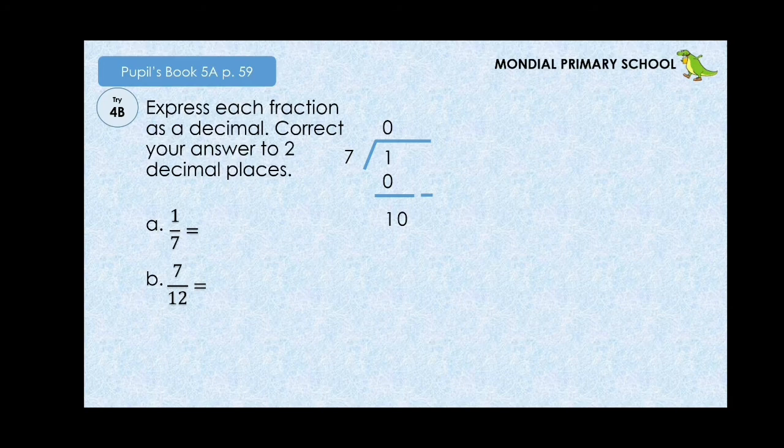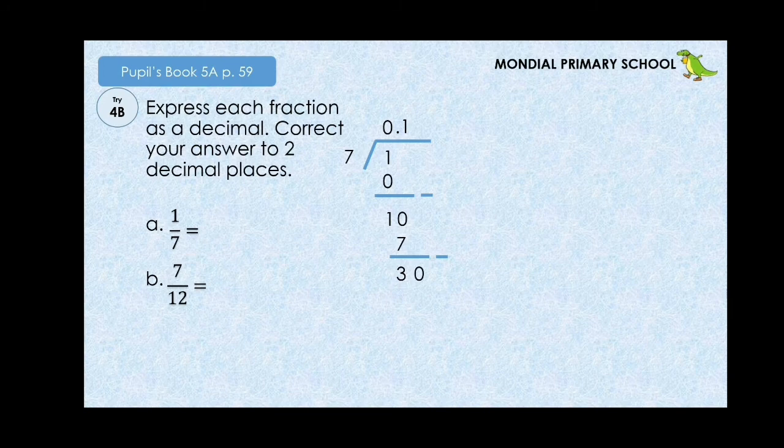Step 2. Divide the tenths by 7. 10 tenths divided by 7 equals 1 tenth with the remainder of 3 tenths. Write 1 in the tenths column of the question. Then rename the remainder of 3 tenths. 3 tenths equals 30 hundredths.